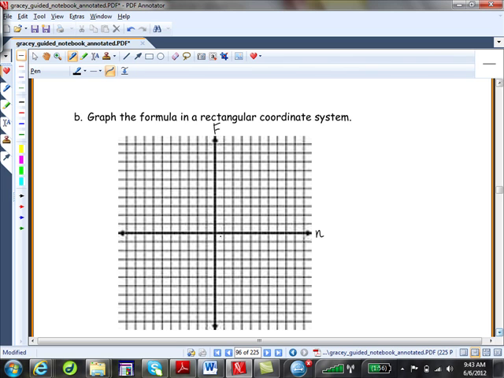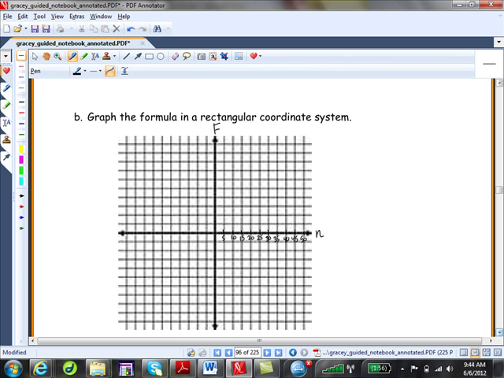So here, if this is 5, 10, 15, 20, 25, 30, 35, 40, 45, and then 50.